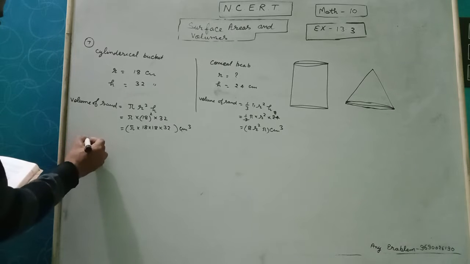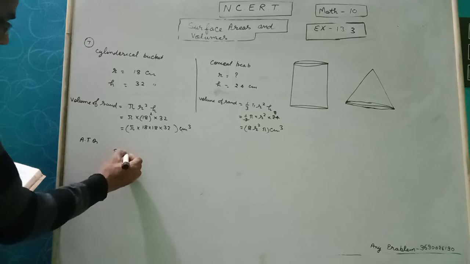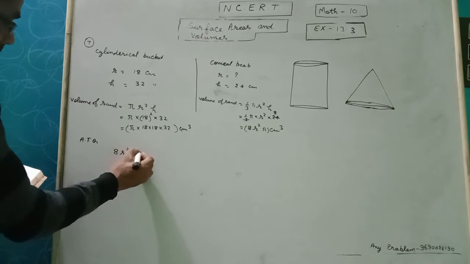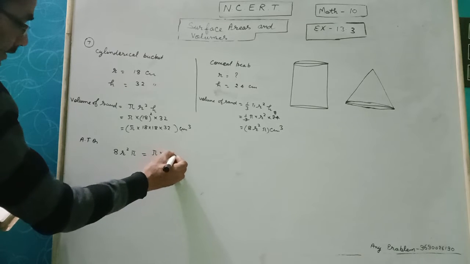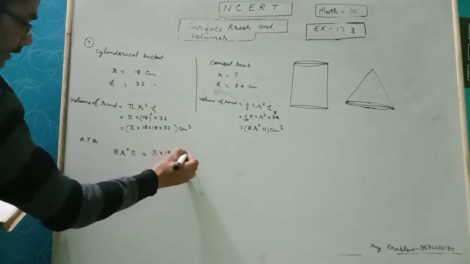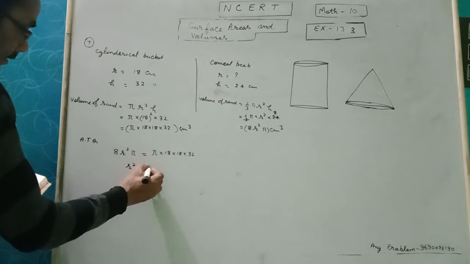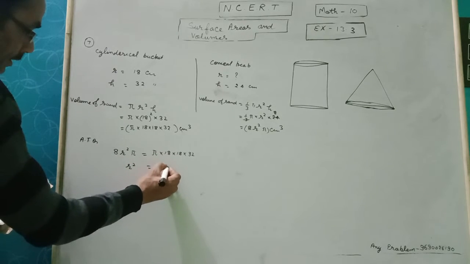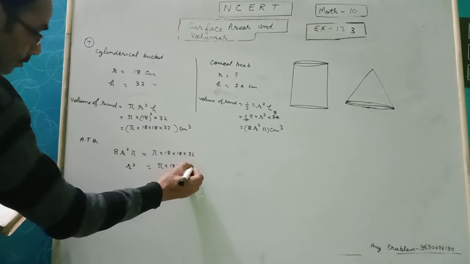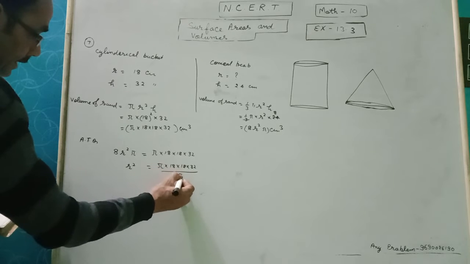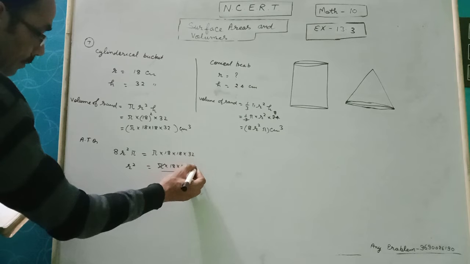According to the question, 8 r square pi is equal to pi into 18 into 18 into 32. r square is equal to pi into 18 into 18 into 32 upon 8. 8 pi divided by pi, 8 into 4 is 32.